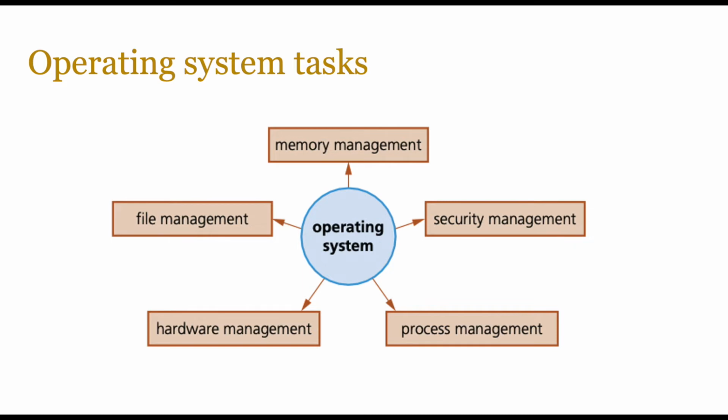We already have the definition of an operating system given to you earlier. Now we're going to be looking at what kind of tasks are possible in an operating system. So it allows you to manage the hardware, manage the files, the memory, security, and processes, and we'll define each of these in due course. These are the 5 key categories that we need to study.